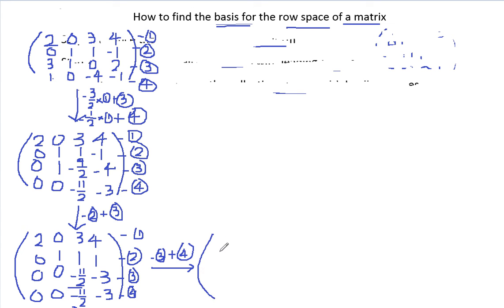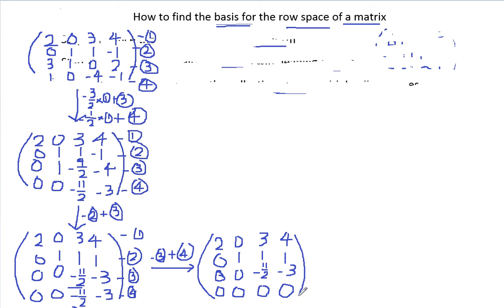Hence, we get in this form: 2, 0, 3, 4, 0, 1, 1, 1, 0, 0, minus 11 over 2, minus 3. Now for the final row, it will be 0 and 0. Now for this, minus 1 times minus 11 over 2 equals 11 over 2, and 11 over 2 minus 11 over 2 equals 0. And the same goes for this.